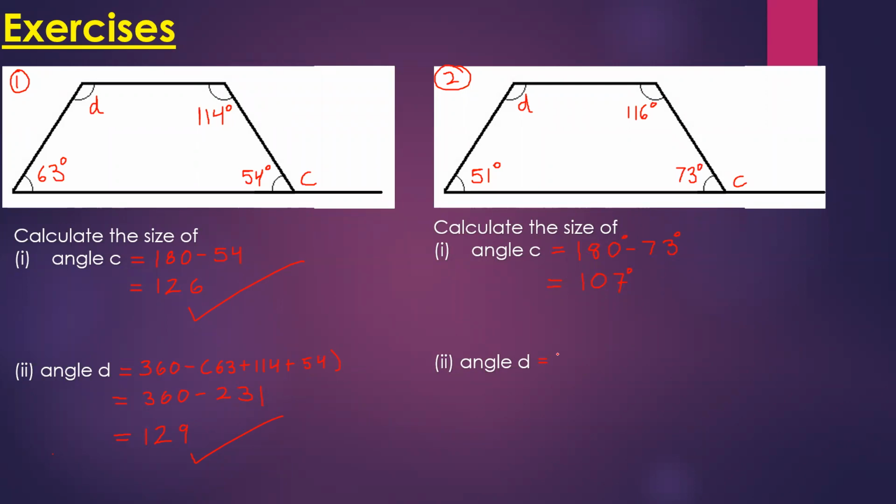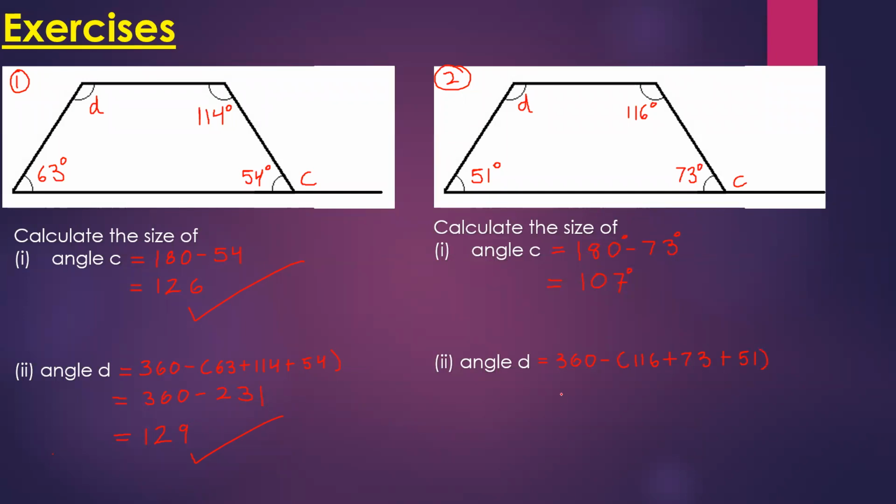Okay, so you put 360 degrees minus open bracket 116 degrees plus 73 degrees plus 51 degrees, close bracket. So 116 plus 73 plus 51.